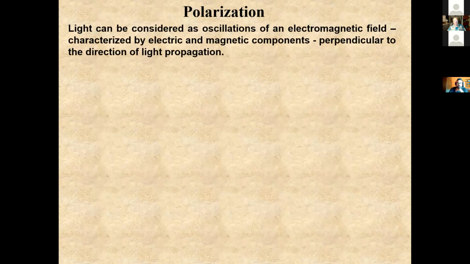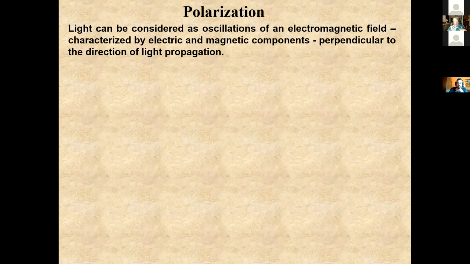So what about polarization? I'm going to talk a bit about that, although you're not going to really discuss polarization in this course. But I think it's important that all practitioners of fluorescence be aware of the basic principles, because it's a very popular technique in the literature, polarization or anisotropy measurements.